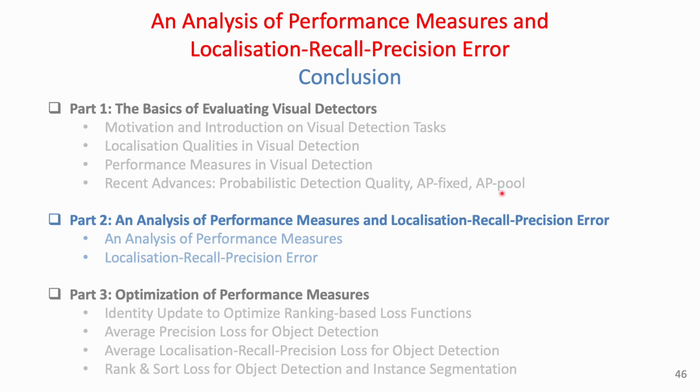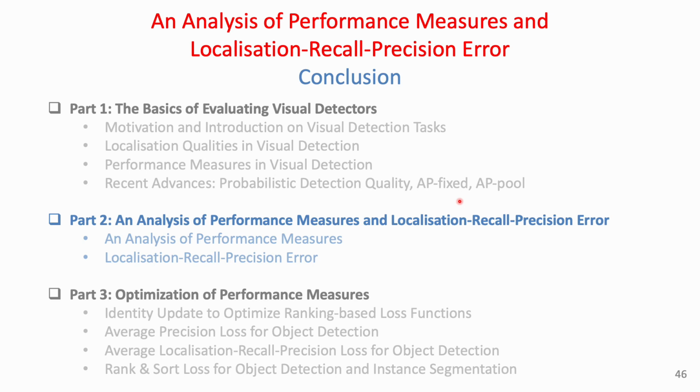We can conclude the second part of our tutorial with these results. In this part, we introduced 3 important features with which we can analyze different performance measures for visual detection. With these important features, we saw that the widely used average precision measure has significant limitations in terms of completeness, interpretability, and practicality.